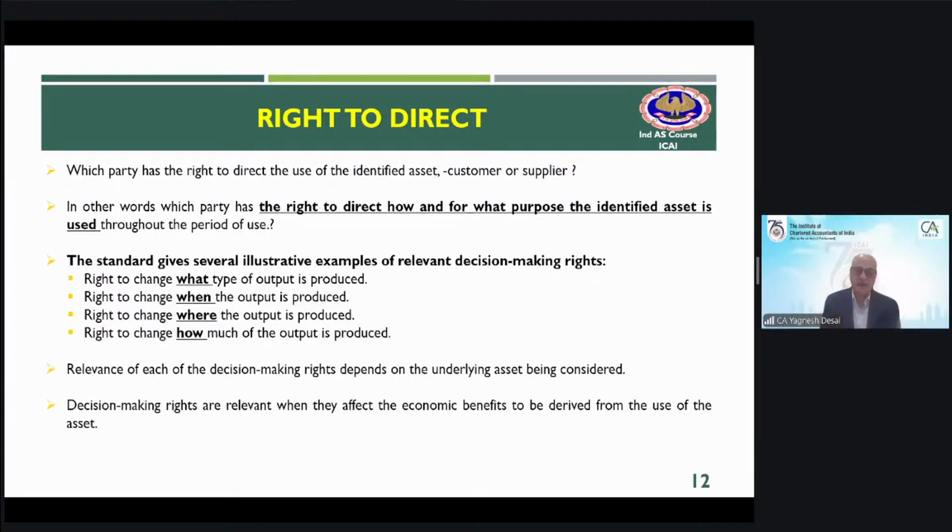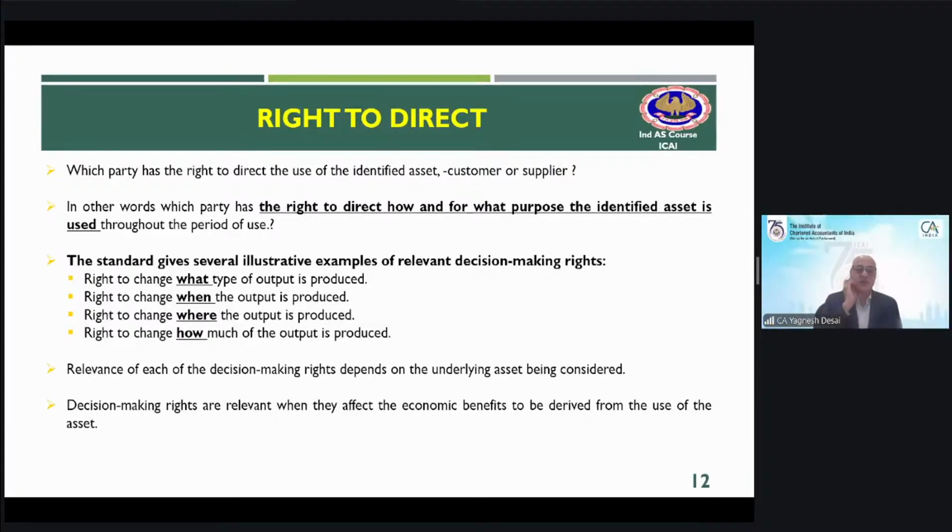Same applies here. Now let us take an example: we bought a very expensive, sophisticated equipment, and I have taken it on lease. I have all the rights to decide when to start the equipment, when to produce, when to use it, how much to produce. All relevant activity decisions are with me. The lessor has rights on the following activities. What should be the color of the machine?